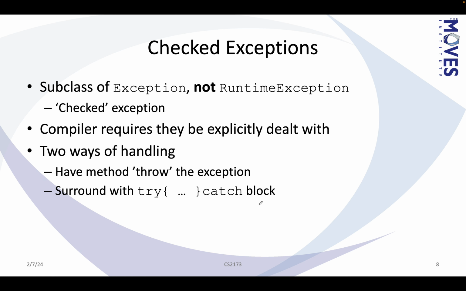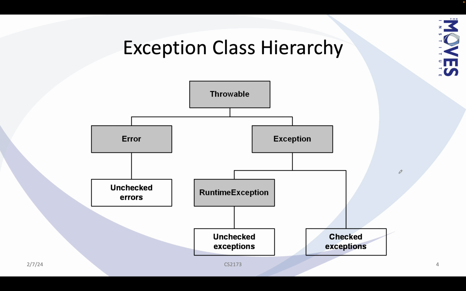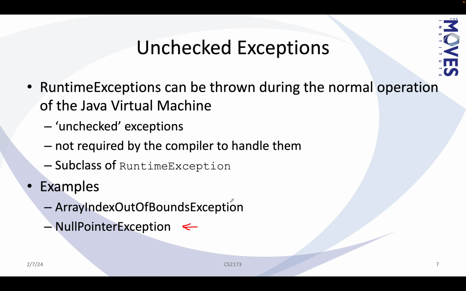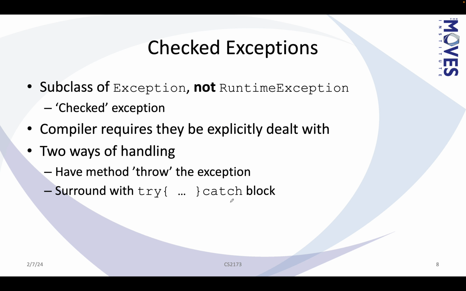The checked exceptions are subclasses of Exception, but not RuntimeException. In other words, checked exceptions are direct subclasses of Exception, whereas the unchecked ones are subclasses of RuntimeException. So they have to be explicitly dealt with, and the two ways of handling them are to throw it, which is kind of a "that's not my job" thing.